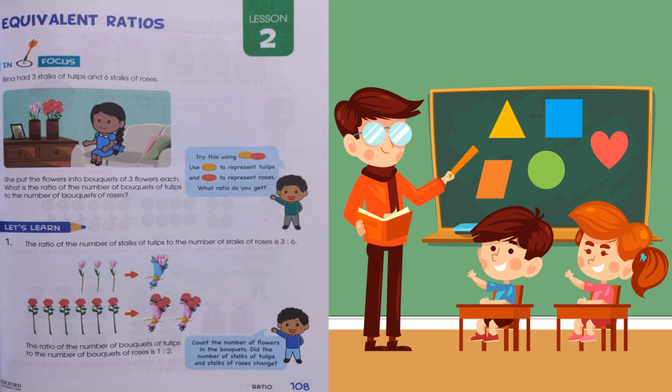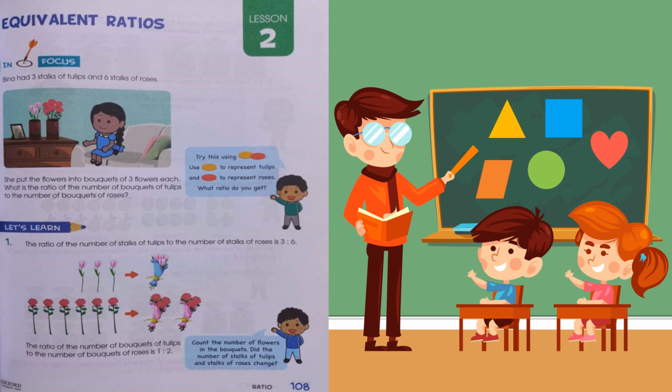The ratio of the number of stalks of tulips to the number of stalks of roses is 3:6, which means that for every 3 tulips there are 6 roses. Similarly, the ratio of the number of buckets of tulips to the number of buckets of roses is 1:2, which means that it is equivalent.